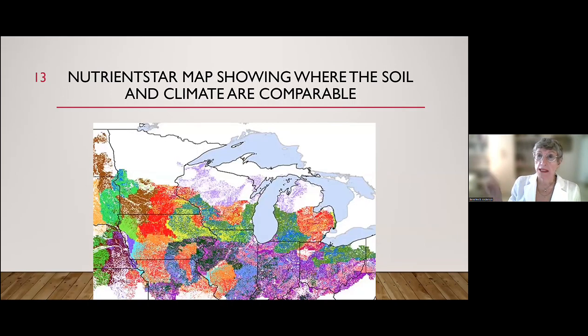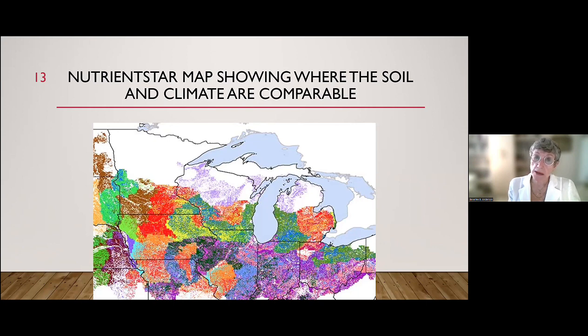Now, one of the things they said that they could show, a third party that operates with this company, does mapping. And this is a map of the upper Midwest. You see these colors. The colors are based on the soil compositions and the climate when they're comparable.